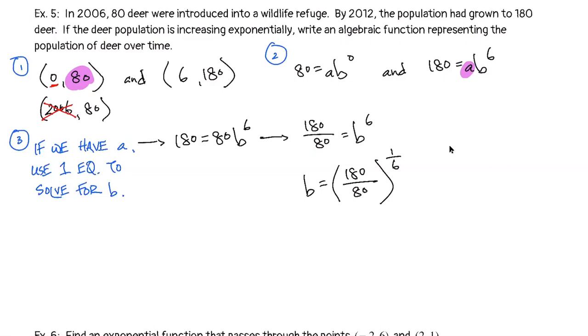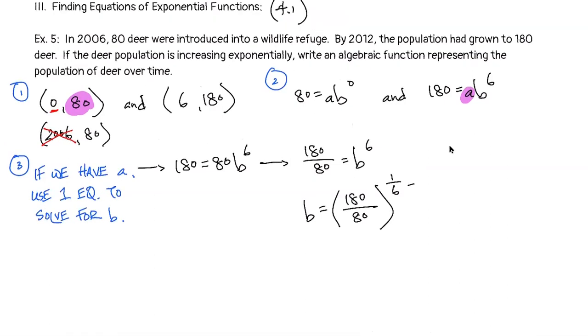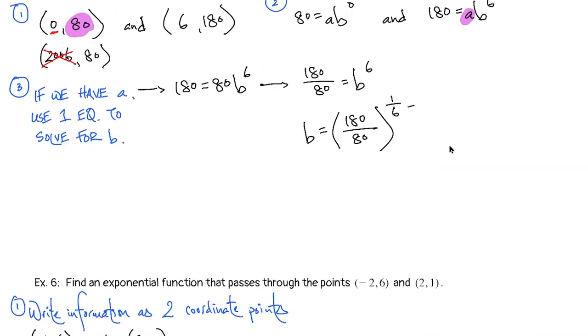All right, so let's put that into the calculator, see what we get. And let's round to 3 decimal places. So we'll get 1.145 as our B value.